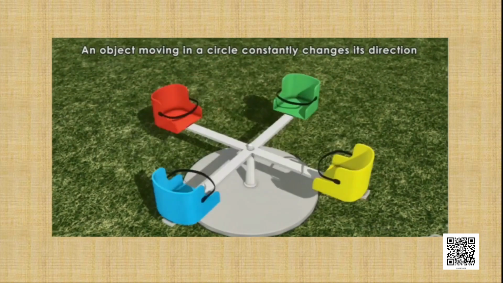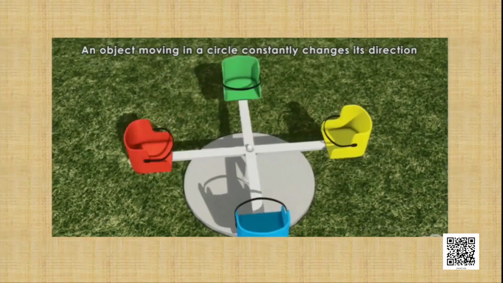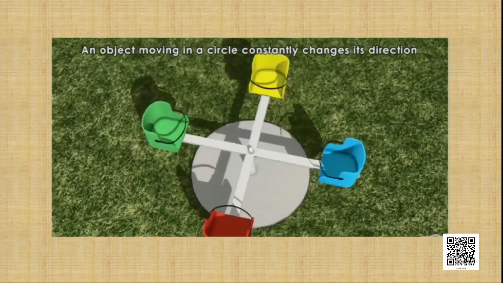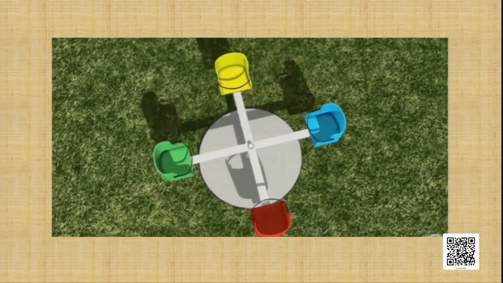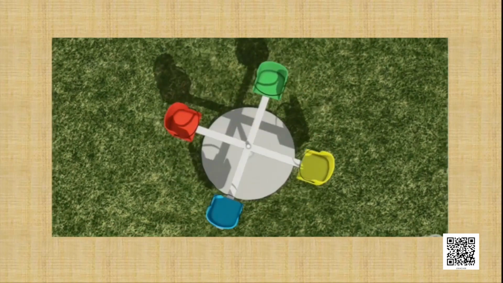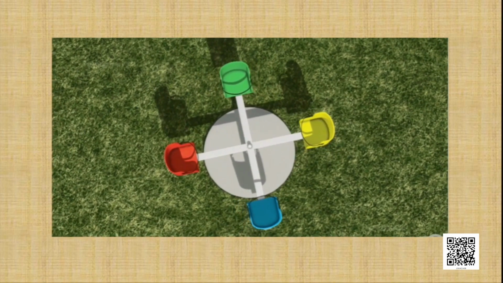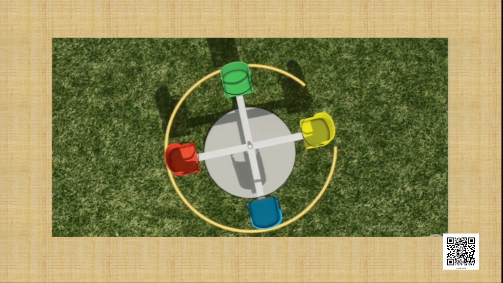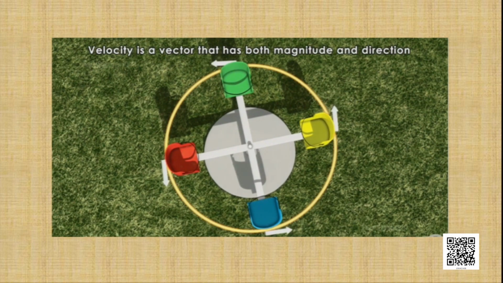An object moving in a circle constantly changes its direction. Since the object is changing its direction continually, it will not travel at a uniform velocity. Velocity is a vector that has both magnitude and direction.